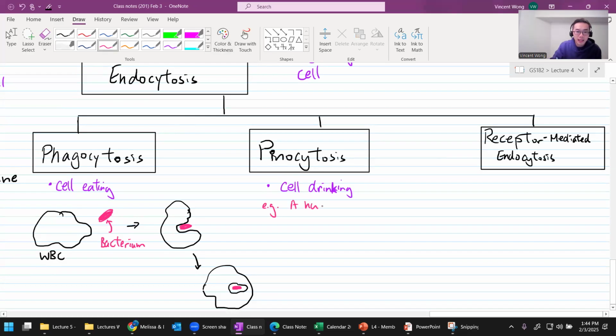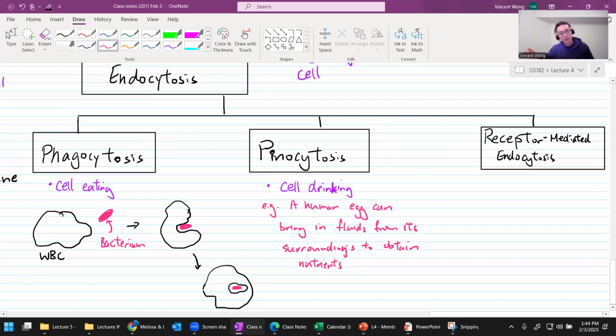A human egg can bring in fluids from its surrounding to obtain nutrients.